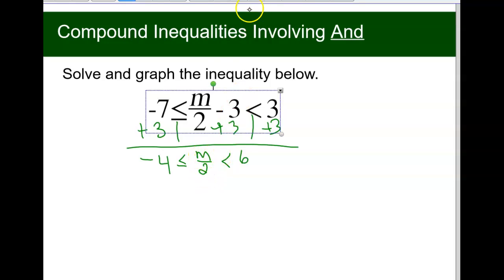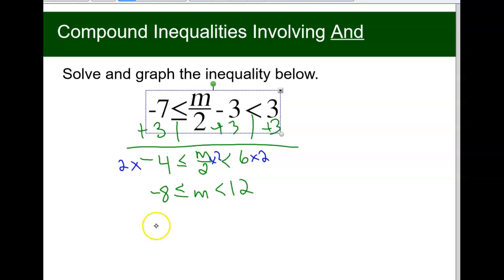And now how do I isolate m? I have to multiply m over 2 times 2 to get m by itself. So let me multiply 2 everywhere. I get negative 8 less than or equal to m, which is less than 12.